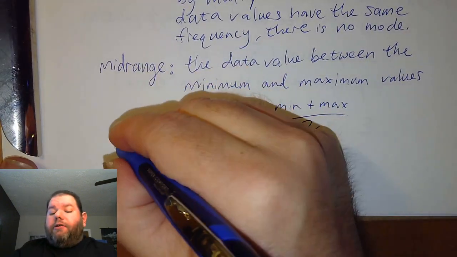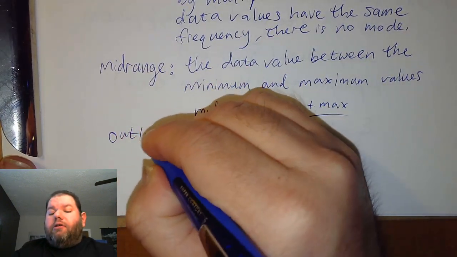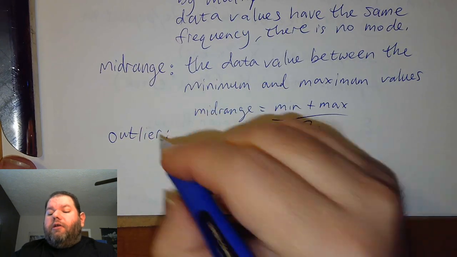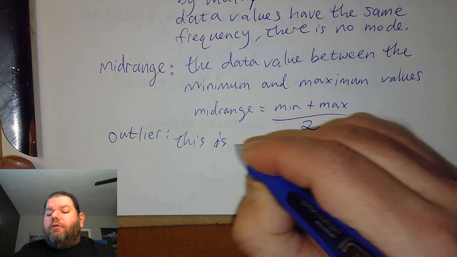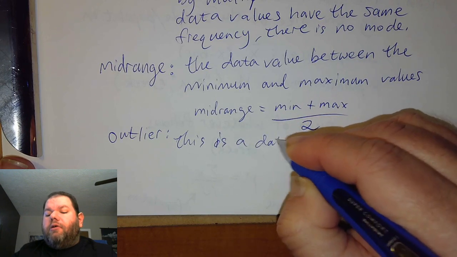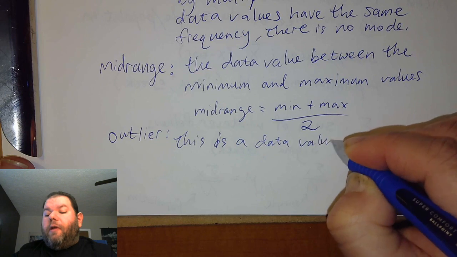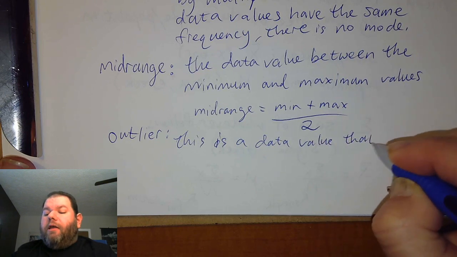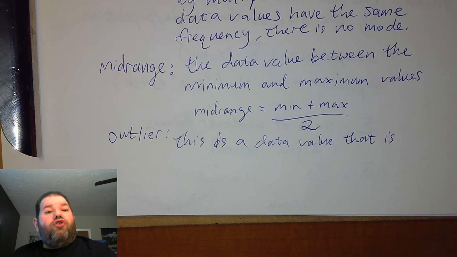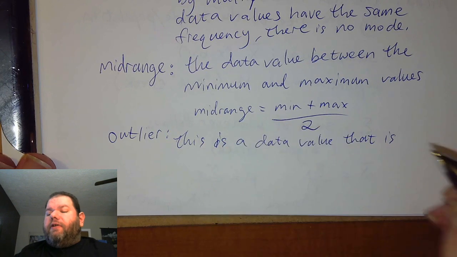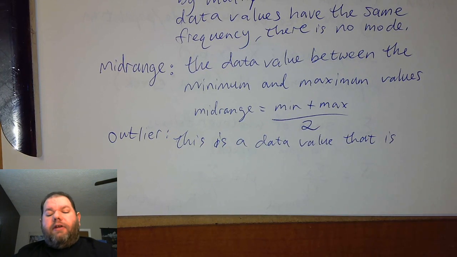So an outlier is a data value that is considered unusual compared to the rest of the data values in the set. Let's say it's a data value that's excessively large or small compared to the other data values in the set.